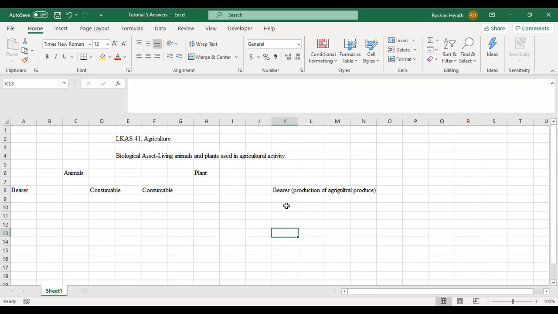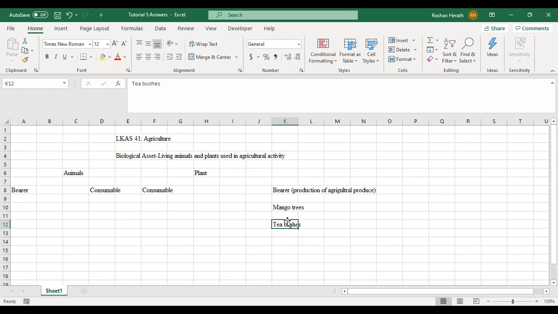If I take some examples, let's say a mango tree. If you take the cultivation of mango trees, what is that? We have these mango trees to harvest the mangoes. So the mango tree is a bearer plant. It gives you the mangoes. Similarly, take the tea bushes.